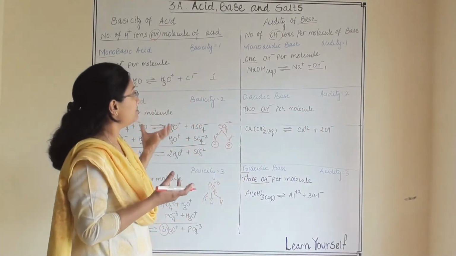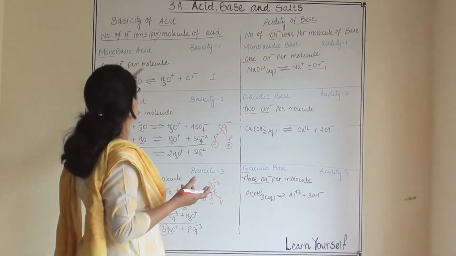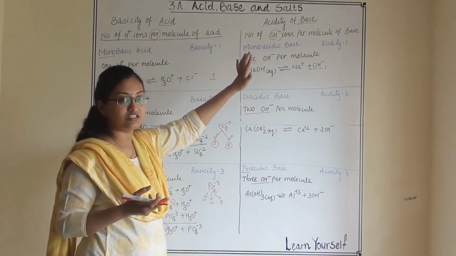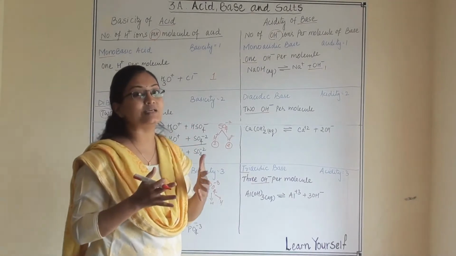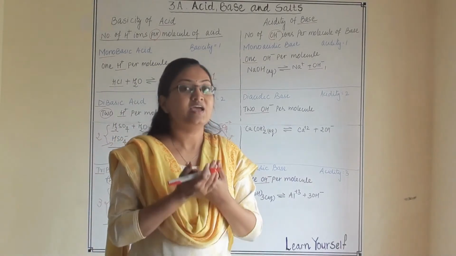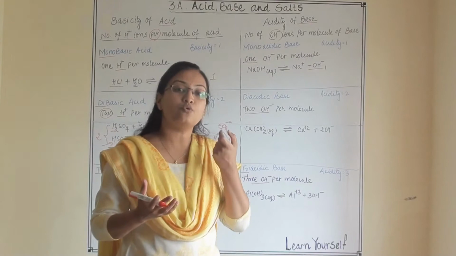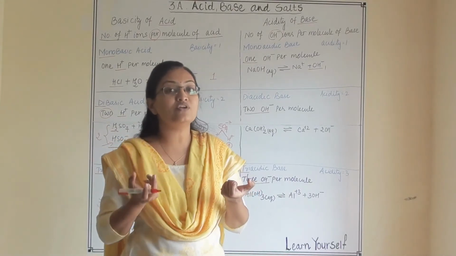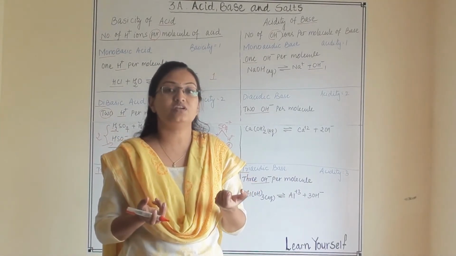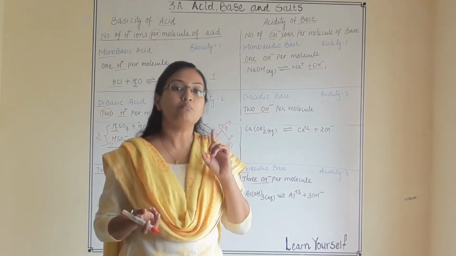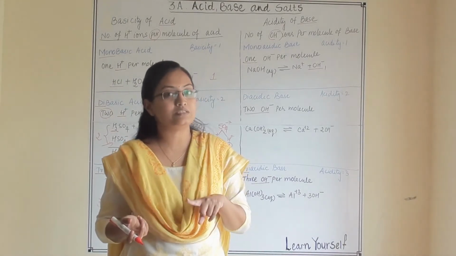So what is the basic concept about the basicity of acid and the acidity of base? In how many steps they will dissociate, and how many OH minus or H plus ions will be generated per molecule of acid or base.